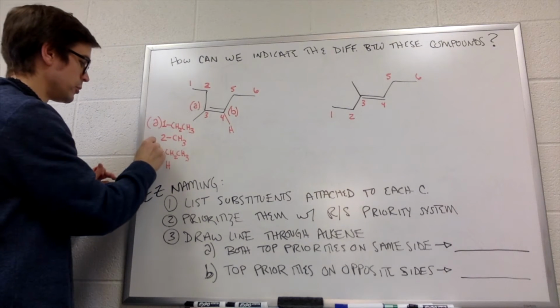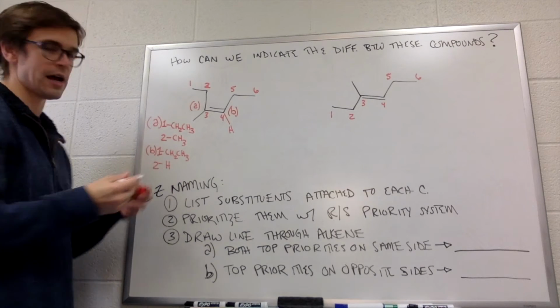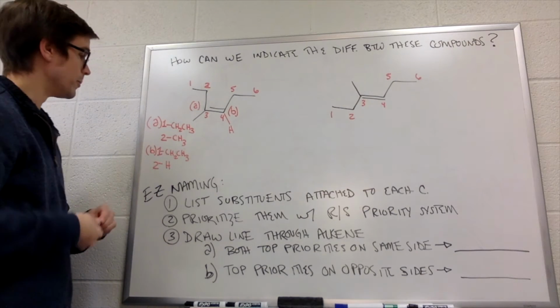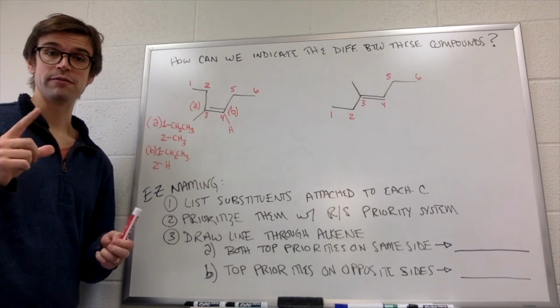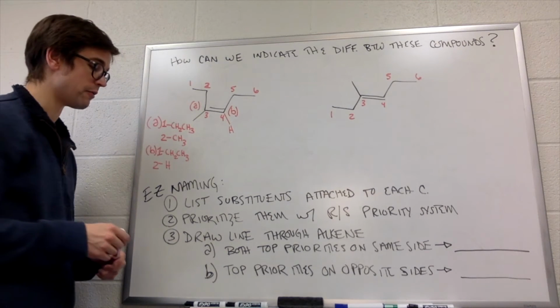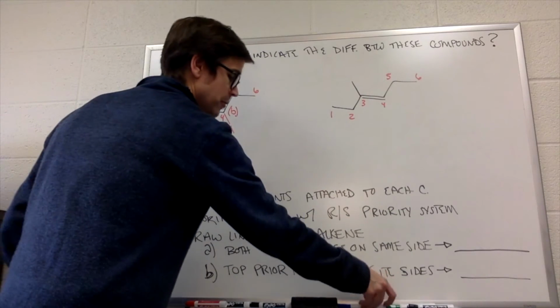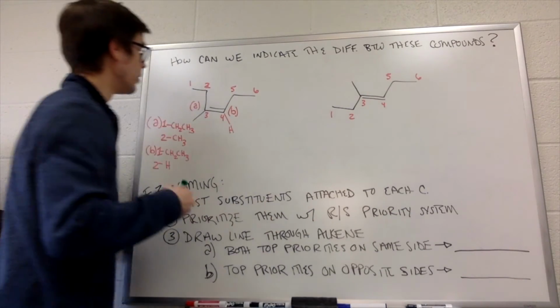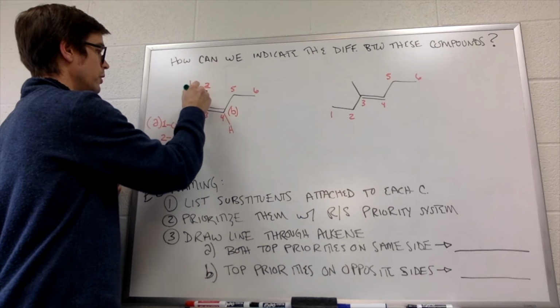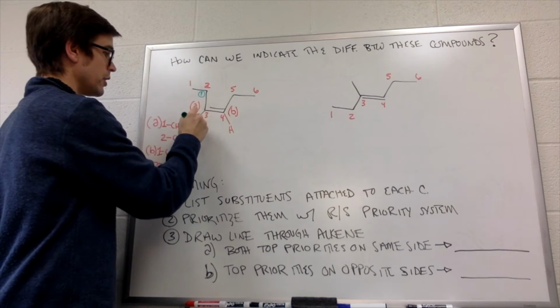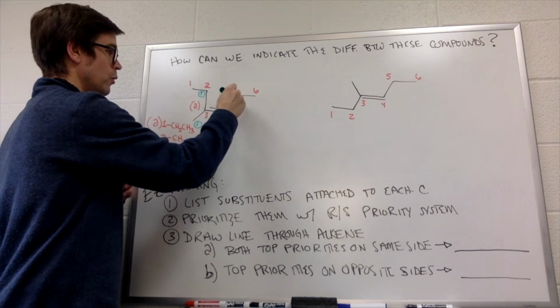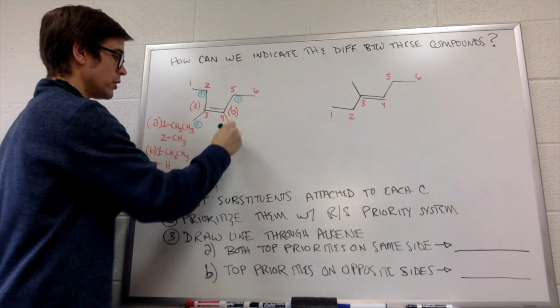On the other one, this would be priority 1, this would be priority 2, because a hydrogen is smaller than a carbon. So when we're doing alkenes, we only have 2 different substituents off of them. We'll put those numbers up in a new color. So this would be priority 1, and this would be priority 2.